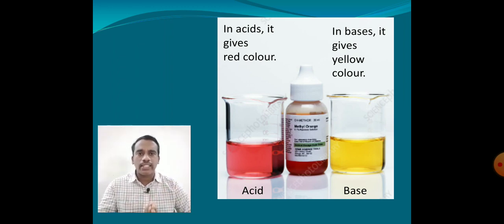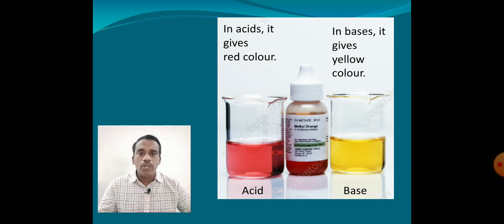By that we can say the solution is an acidic solution. Now let us see what is the color of the methyl orange in a basic solution. We can observe whenever we place a drop of methyl orange in a solution, and if it turns to yellow color, we confirm it is a basic substance.